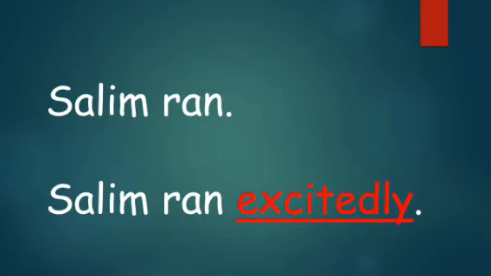In the first sentence, you don't have any information on how Salim ran. So in the second sentence, we find out that Salim was very excited. So it is very important to understand adverbs and understand how to use them because they will make you speak English a lot better. So let's get started.